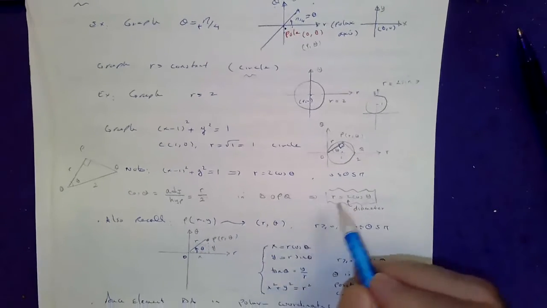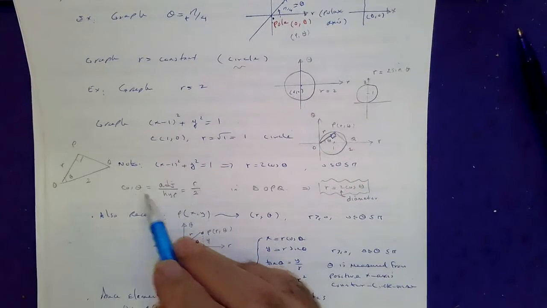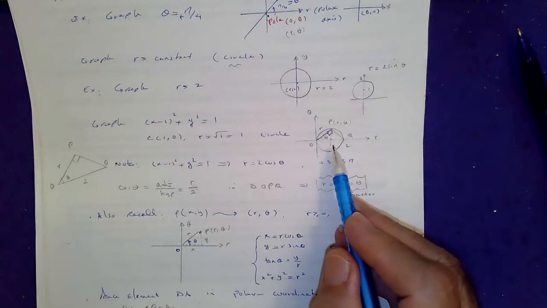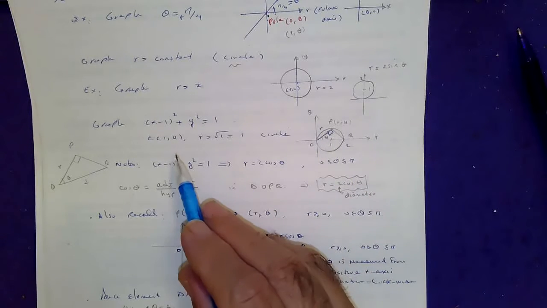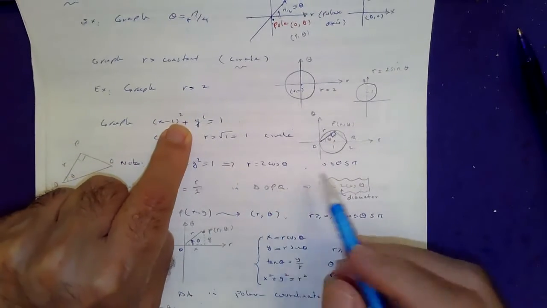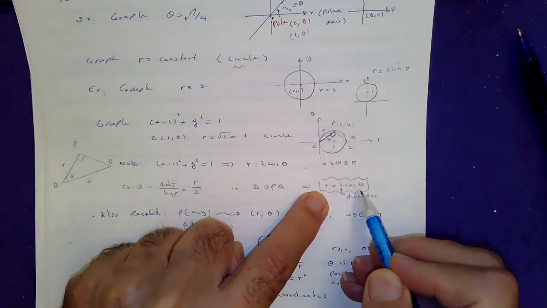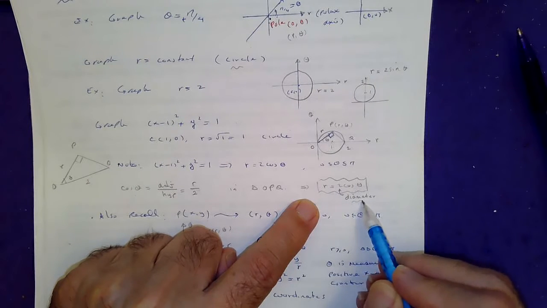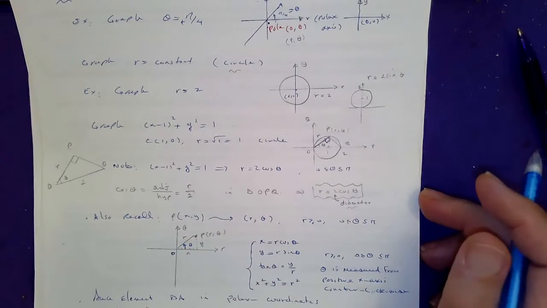So what happens is you get r is equal to 2 cosine theta for this off-center circle whose radius is 1 and center is at 1, 0. So this equation changes into r is equal to 2 cosine theta, and the coefficient of cosine is the diameter of the circle. Do you see it?